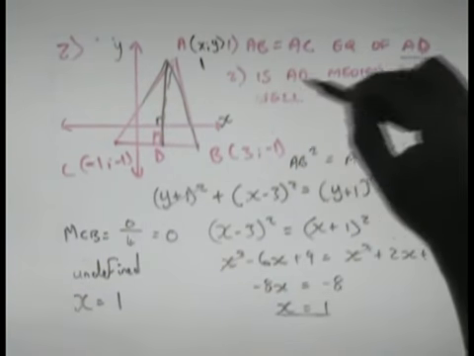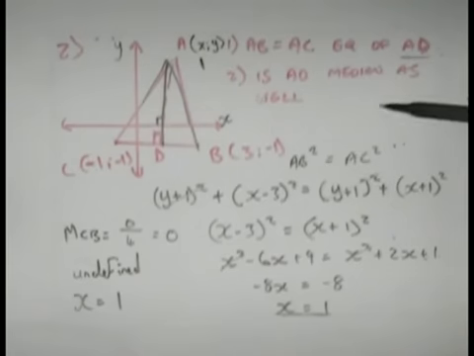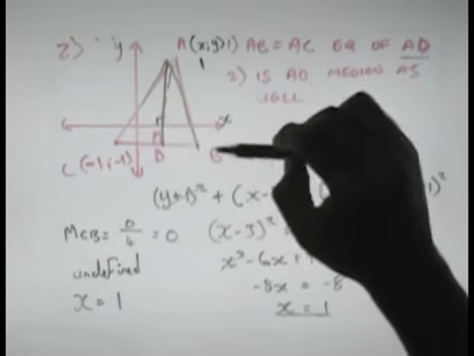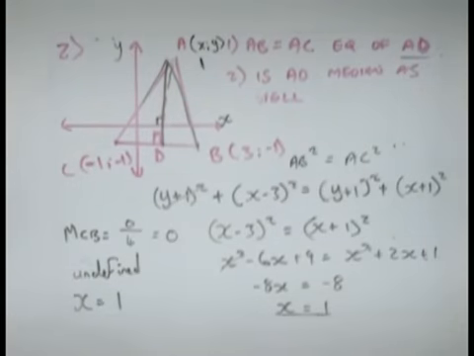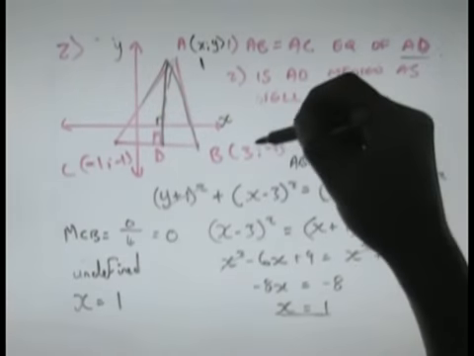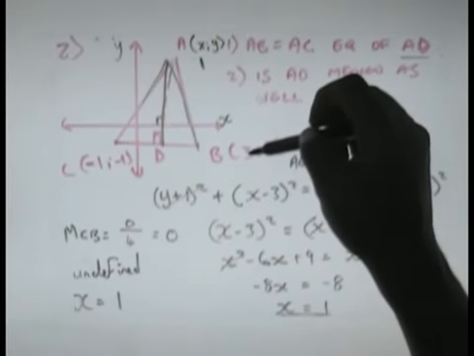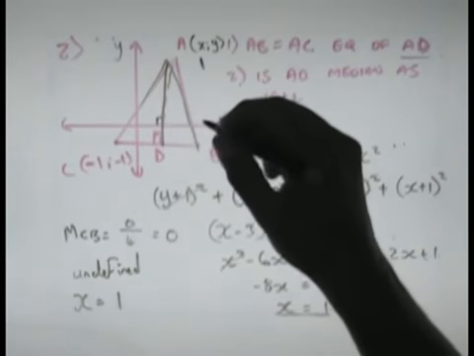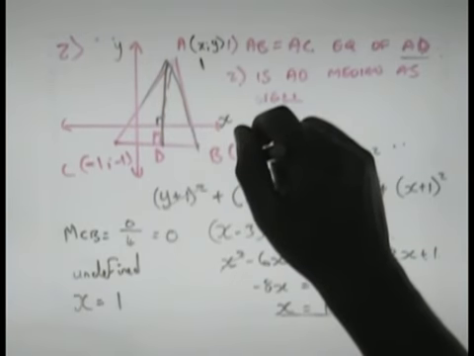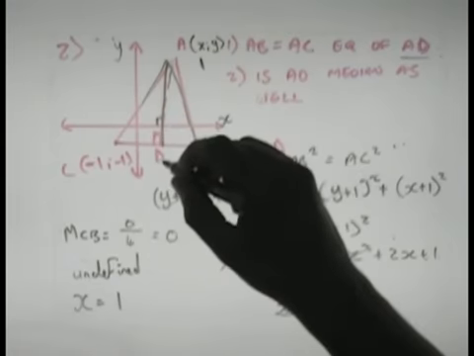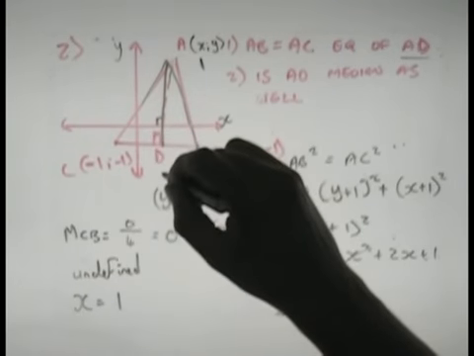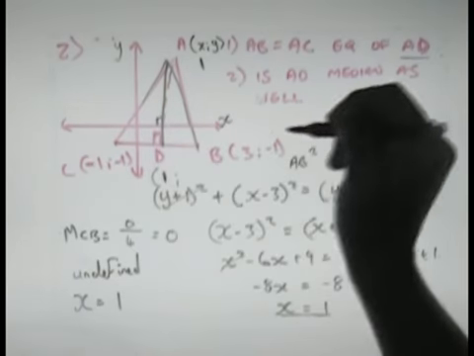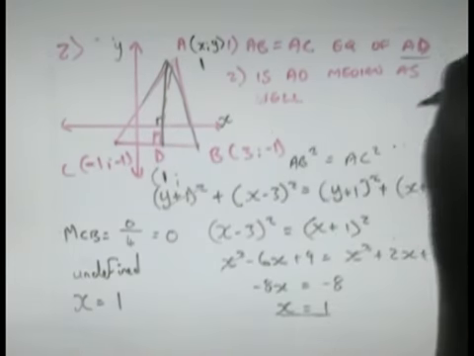Now, the second thing I asked you, is AD a median as well? In order for AD to be a median, D would have to be the midpoint of BC. Is it? The midpoint of BC is going to be given by 3 plus negative 1, which is 2, divided by 2, which is equal to 1. So it seems as though the x value is definitely going to make it a median.